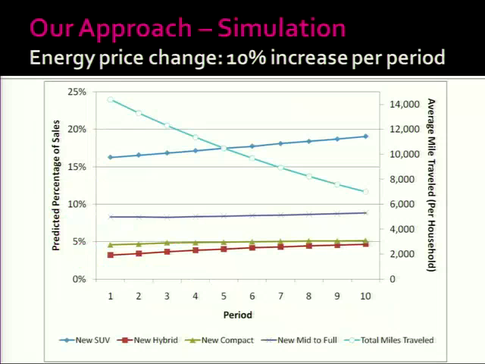So if that was true, then we would have more adoption of hybrids, that's the red line there, a little bit more adoption of hybrids, but we would actually see more people buying SUVs, which is a very, very surprising result here. And that reason is because of the last line that you see here, which is the total miles traveled. So as gas becomes very, very expensive, you tend to substitute towards other goods and travel less.